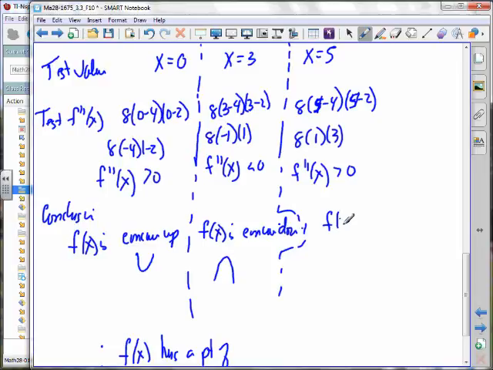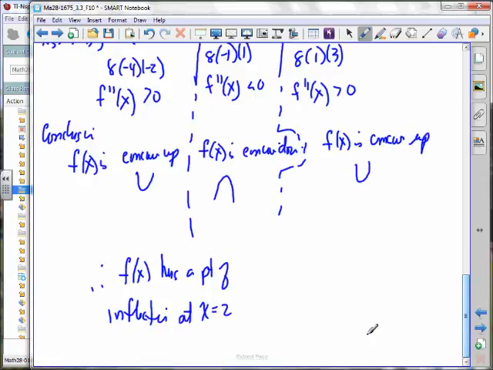So f of x is concave up. So what do you think at x equals 4? Inflection point? Okay, that's the type of work then that we need to go through for us to find inflection points.